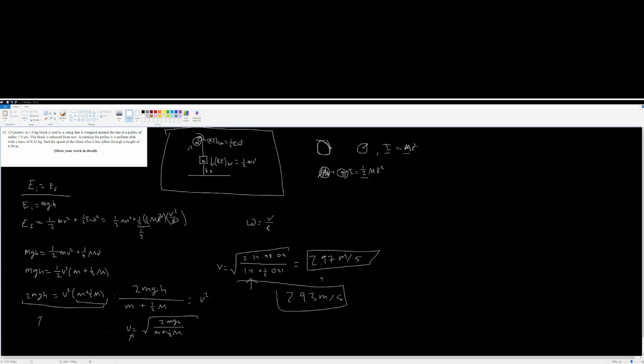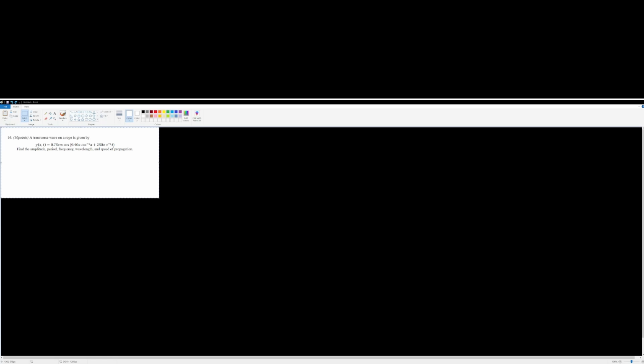Now we're on to the final two, starting with number 16. All right, now we're on number 16, the penultimate problem here. So we're really just given a wave function here.